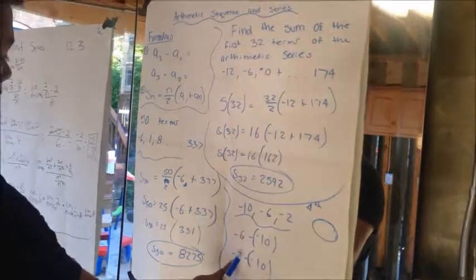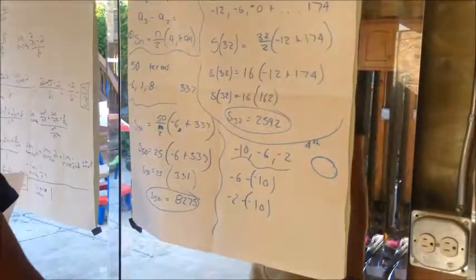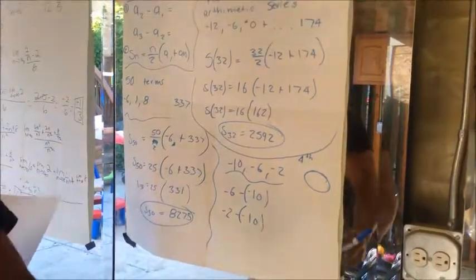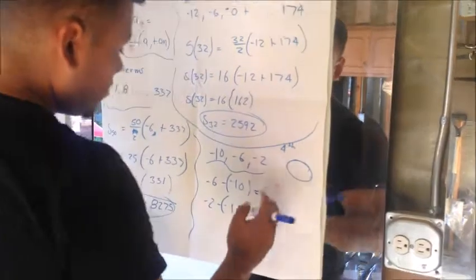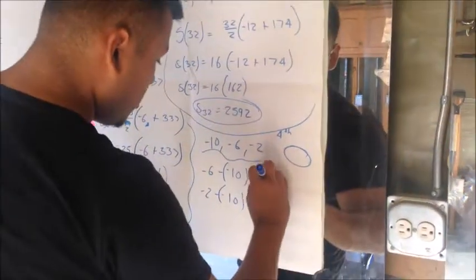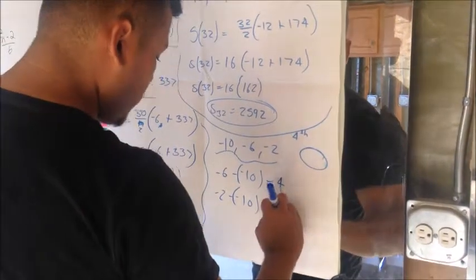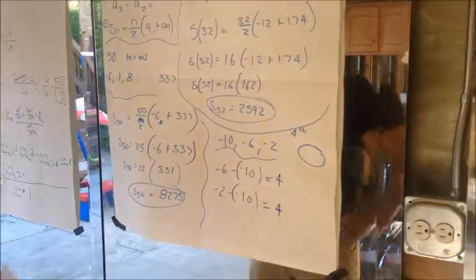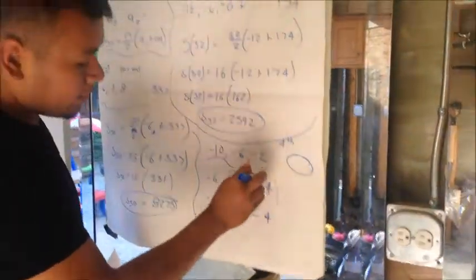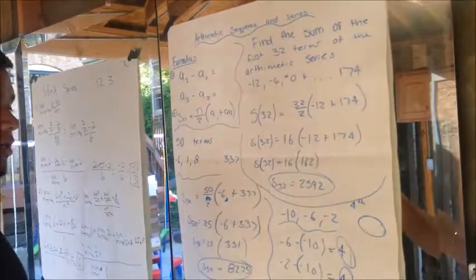A3, -2, A2. Okay. So, to solve these, I would get 4 and 4. Right?